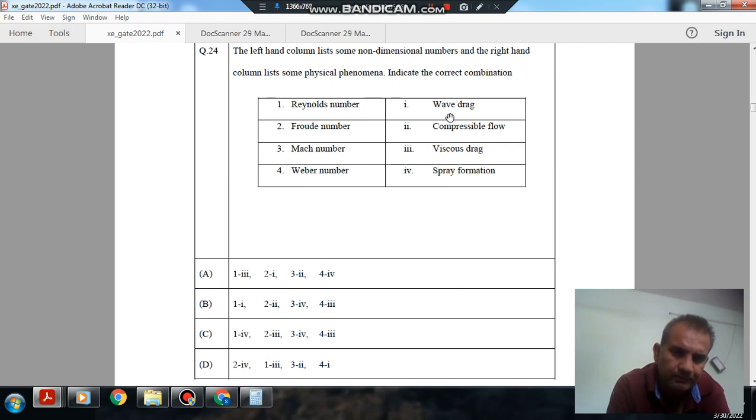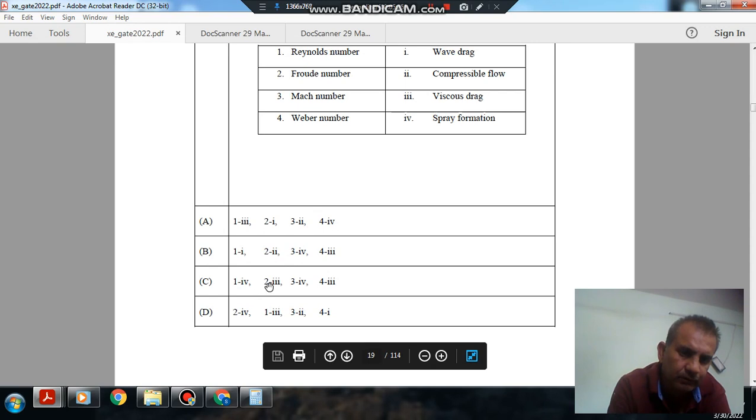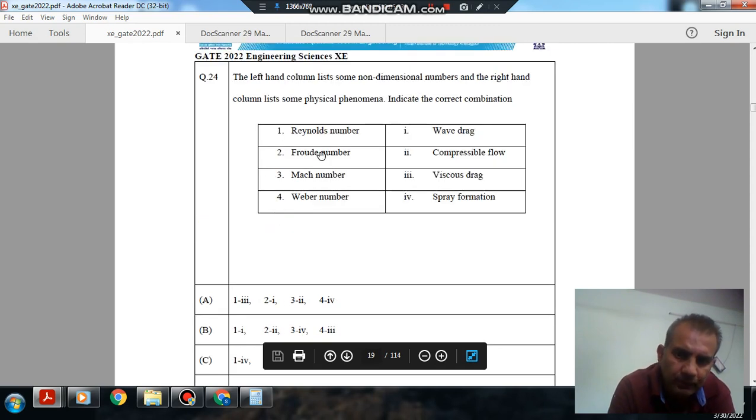In the right column, 1 wave drag, 2 compressible flow, 3 viscous drag, 4 spray formation. Options are A: 1-3, 2-1, 3-2, 4-4; B: 1-1, 2-2, 3-3, 4-4; option C: 1-4, 2-2, 3-3, 4-4; and option D: 2-4, 1-3, 3-2 and 4. So the Reynolds number is related to viscous drag.